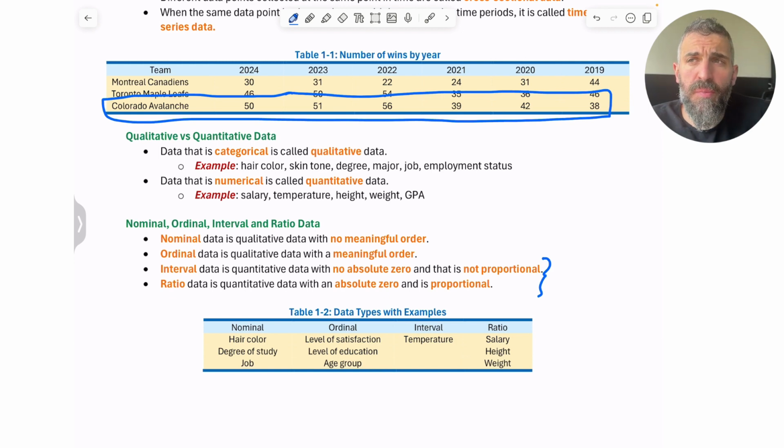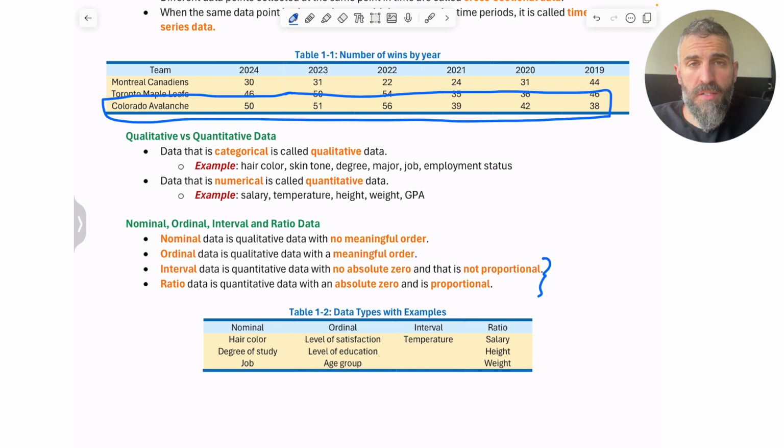And then ratio would be anything that is numerical, but does have an absolute zero. Basically, every other numerical variable falls into this. So think about, if I asked you, how much money do you have in your bank account? Well, 0 is absolute. It means there's a complete lack of money in your bank account, the complete absence of money. And if I said, you have $20,000 and I have $10,000, it is proportional.